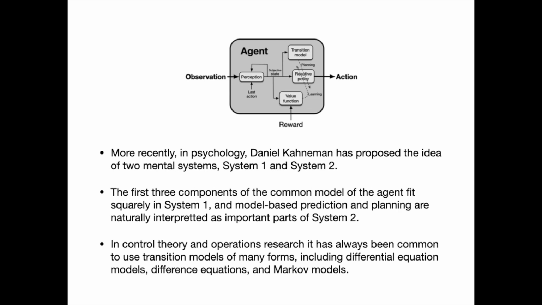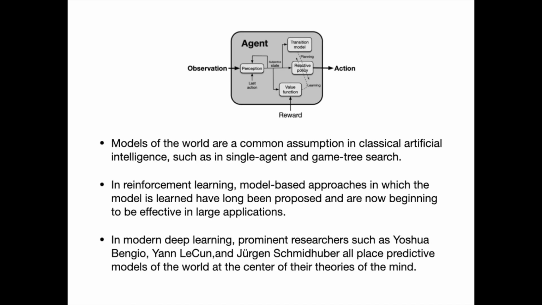In control theory and operations research, it has always been common to use transition models of many forms, including differential equation models, difference equations, and Markov models. Models of the world are a common assumption in classical artificial intelligence, such as in single-agent and game tree search. In reinforcement learning, model-based approaches in which the model is learned have long been proposed and are now beginning to be effective in large applications.